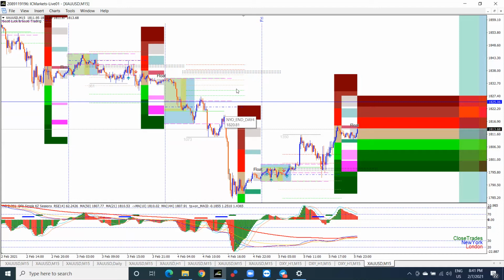Now remember, the rules are met. We have deviations inside, we have the price below the green sell lines, and we have the New York midnight candle opening below the green lines.